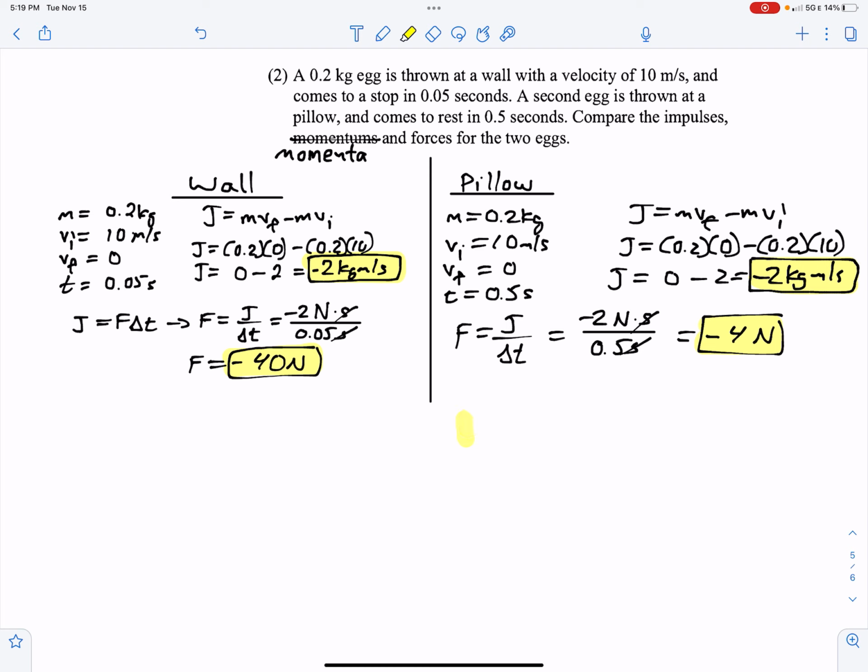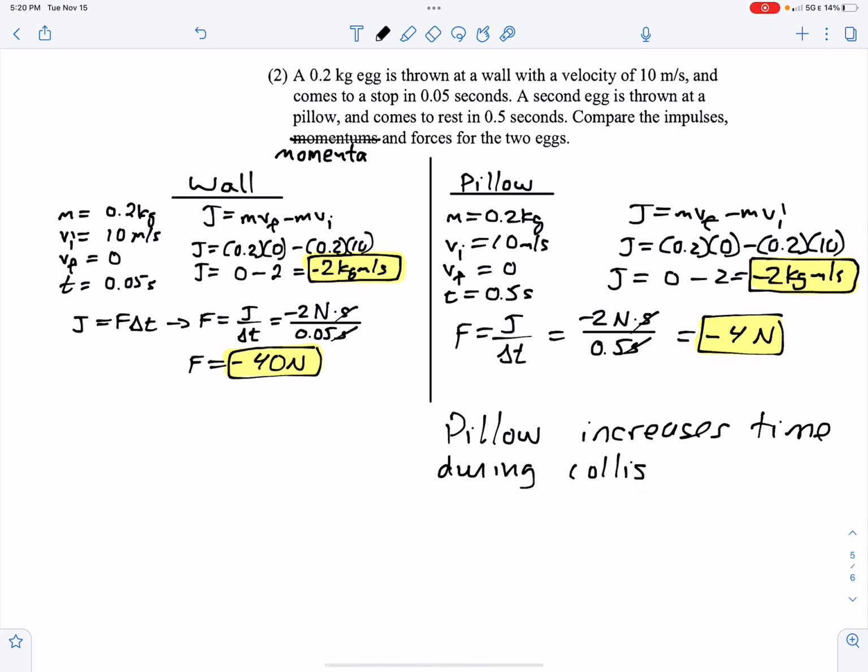The pillow increases the time during the collision, and this decreases the force on the egg.